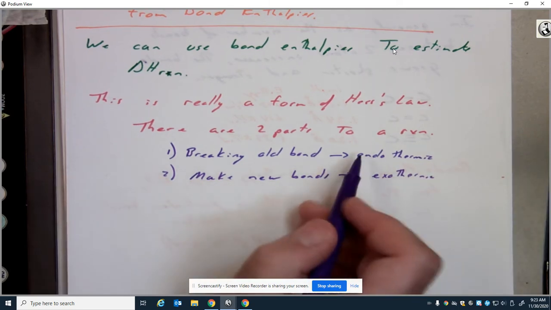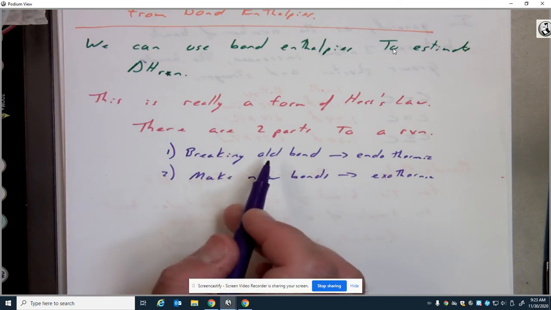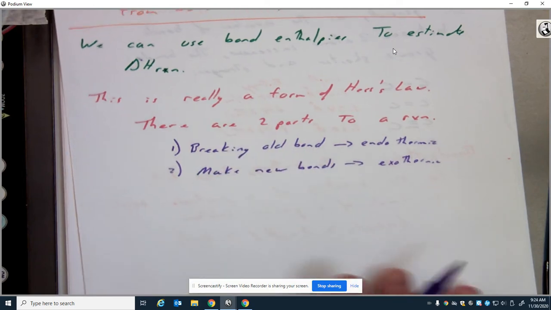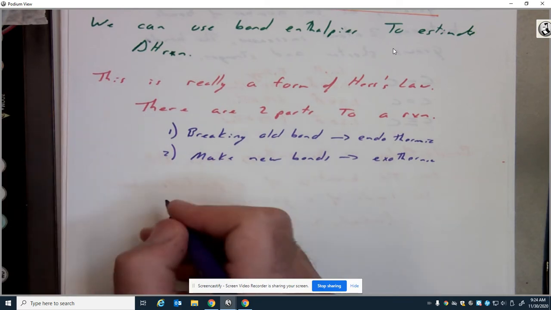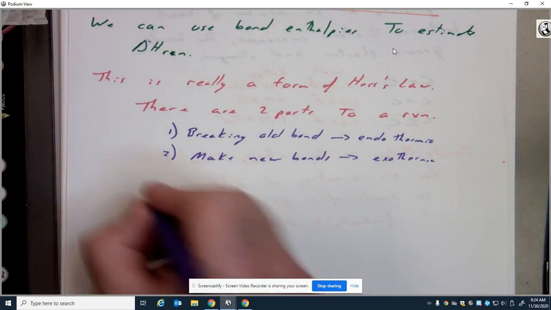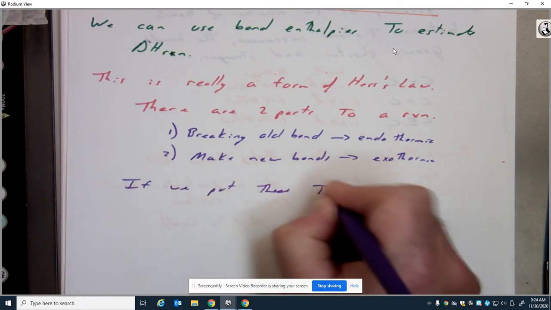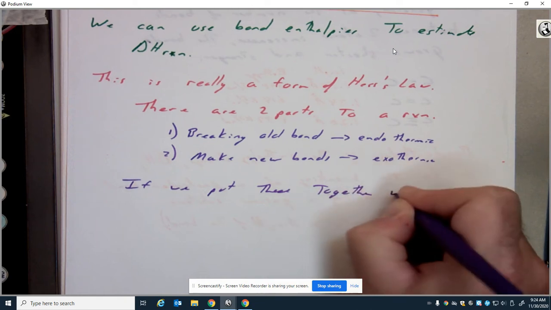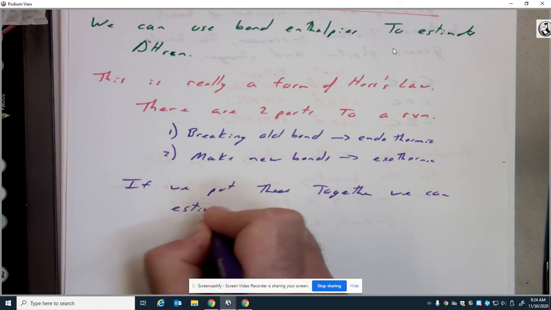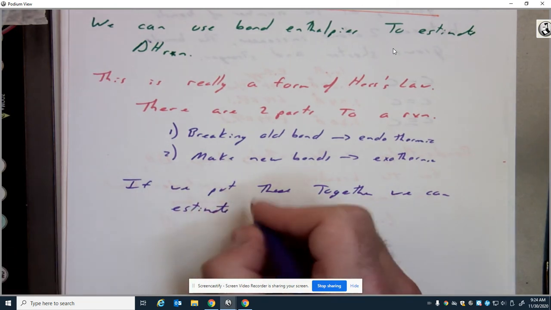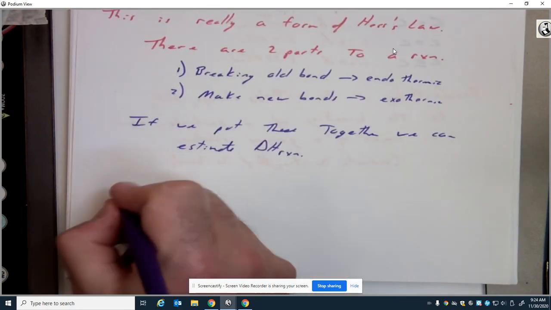So if we can put these two steps together, we should be able to get the overall reaction, delta H of reaction. So if we put these together, we can estimate the delta H of the reaction. Now we're going to use this formula.